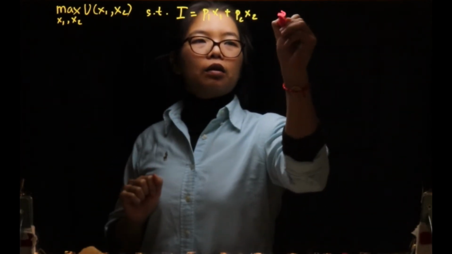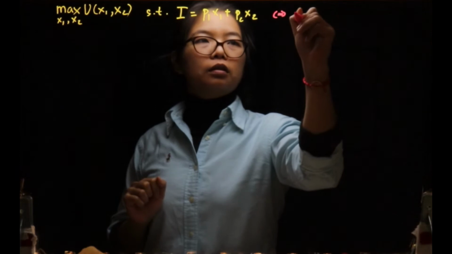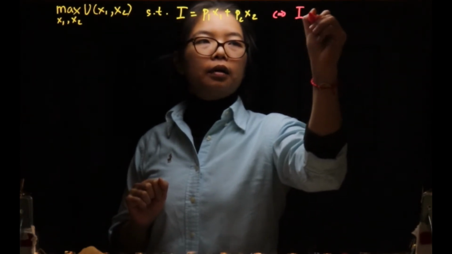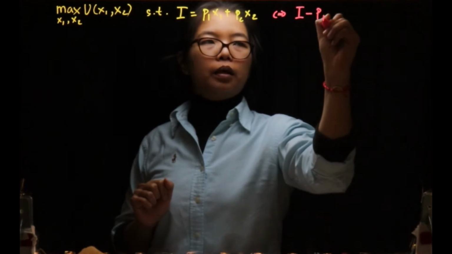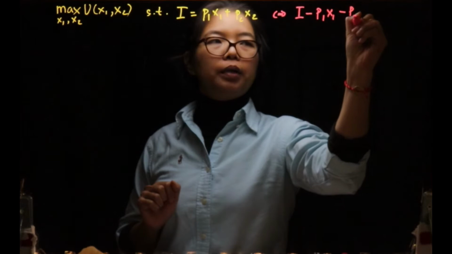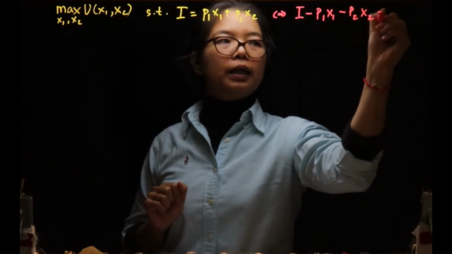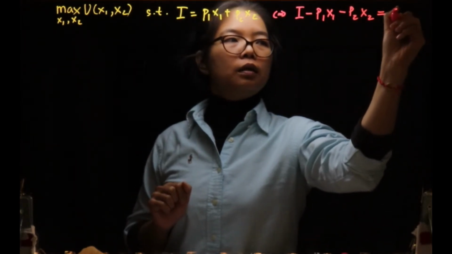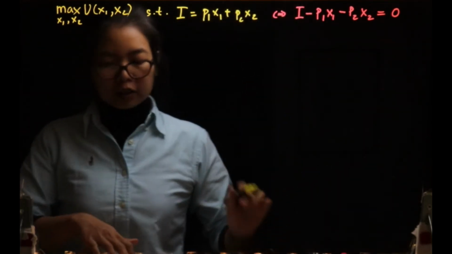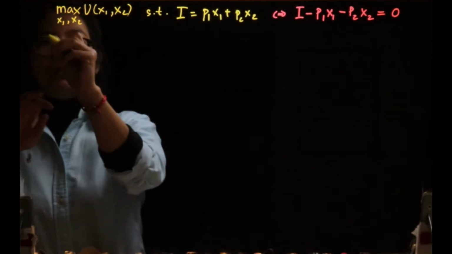Let's write the constraint a bit differently. We could write I minus p1 x1 minus p2 x2 equals 0, right? Alright, let's go with the Lagrangian setup.